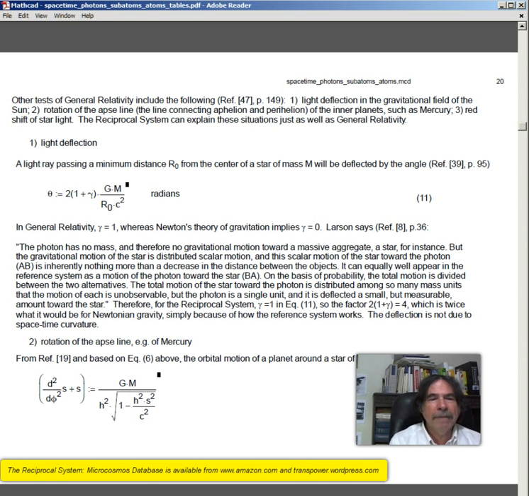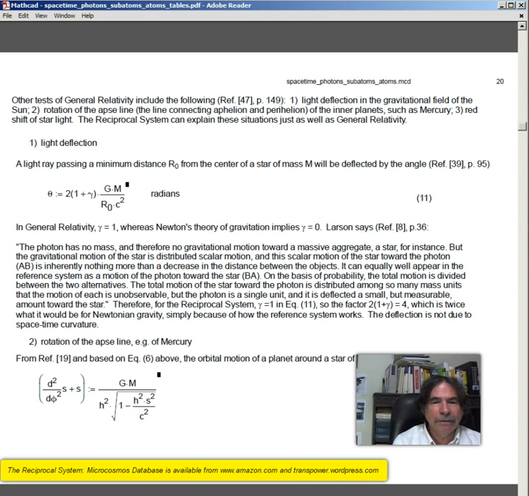"The photon has no mass and therefore no gravitational motion toward a massive aggregate, a star for instance. But the gravitational motion of the star is distributed scalar motion, and this scalar motion of the star toward the photon, AB, is inherently nothing more than a decrease in the distance between the objects. It can equally well appear in the reference system as a motion of the photon toward the star, BA.